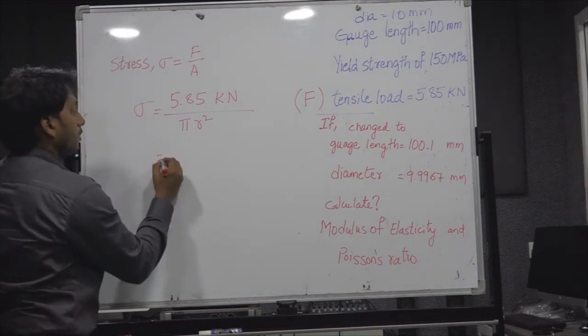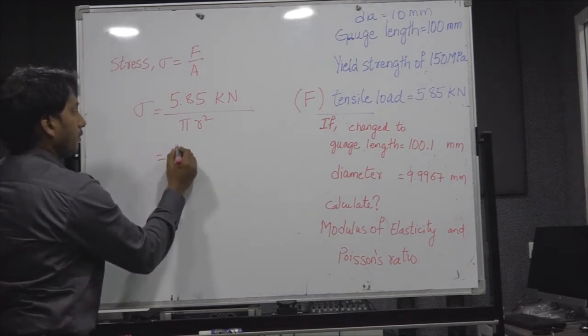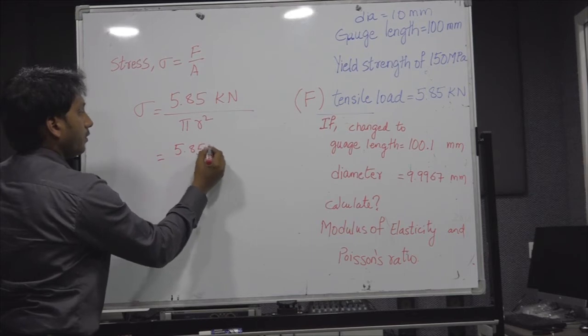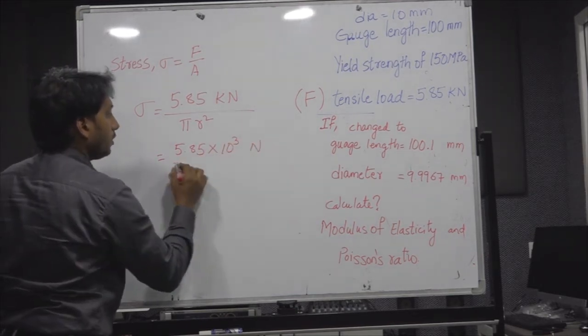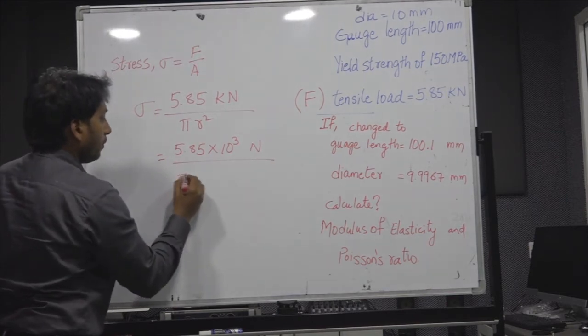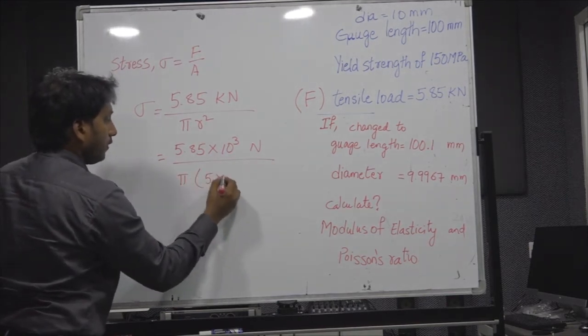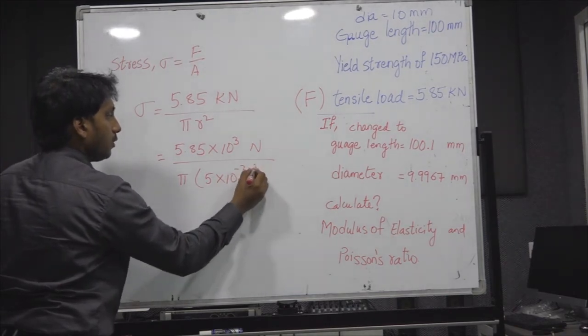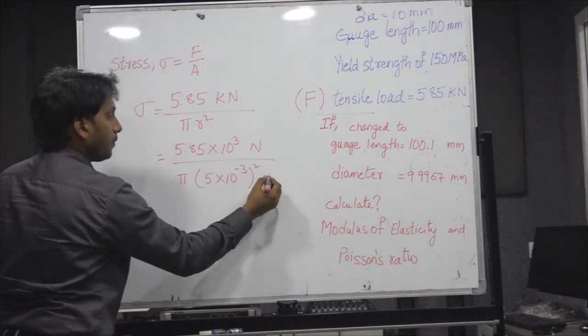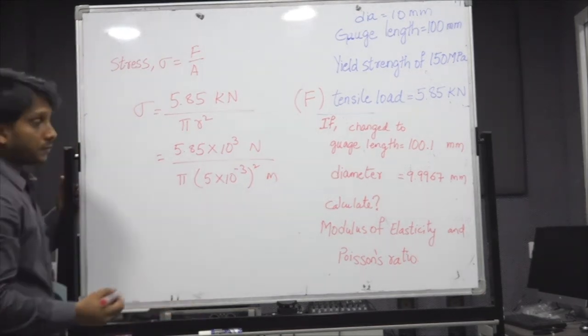So sigma is equal to 5.85 into 10 cube newton by pi times 5 into 10 power minus 3 whole square in meter.